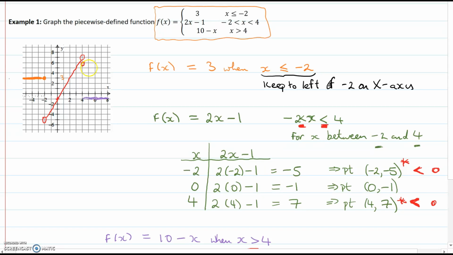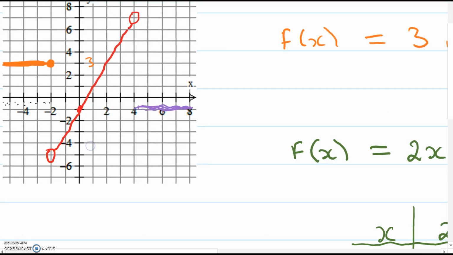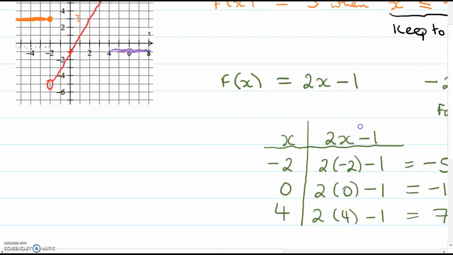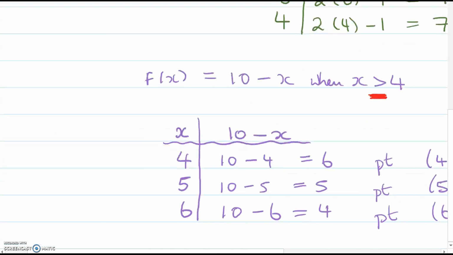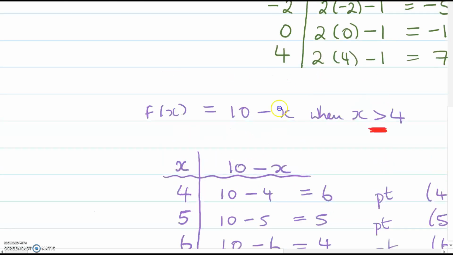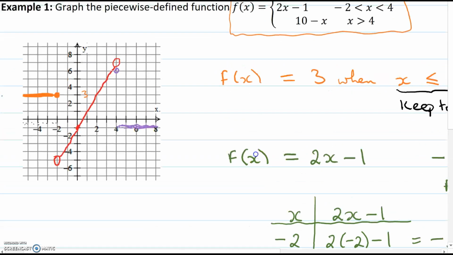Okay, oh, wrong color. I'm going to use purple for this one. Okay, and I can blow it up a little bit as well. So 4, 6 is right here. Okay, and the other points that we had, if we scroll down, were 5, 5, and 6, 4. And those points are just normal points.